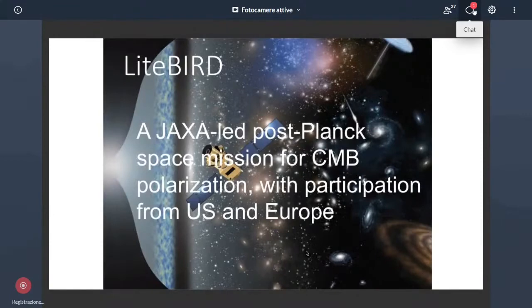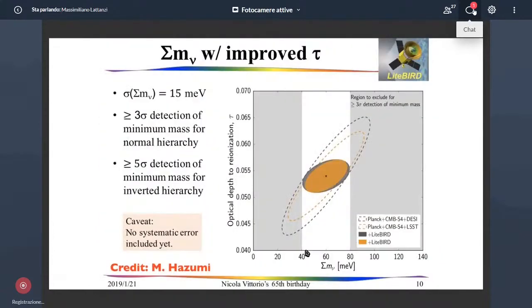Another experiment is LIGHTBIRD, which is a space mission. LIGHTBIRD is actually not measuring directly the small scales that are important for measuring neutrino masses, but it's providing another ingredient, which is a measurement of the optical depth to reionization, which is very difficult to measure from the ground, so you need to go either to the stratosphere or to space.